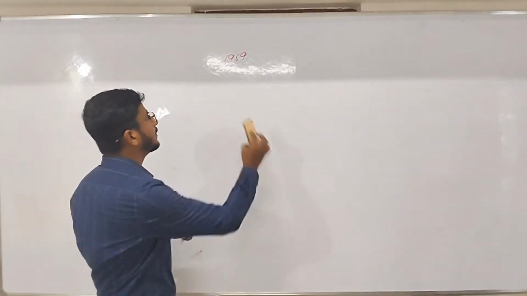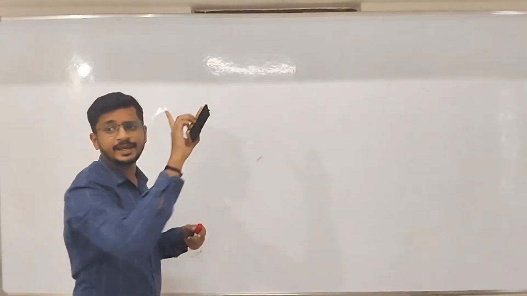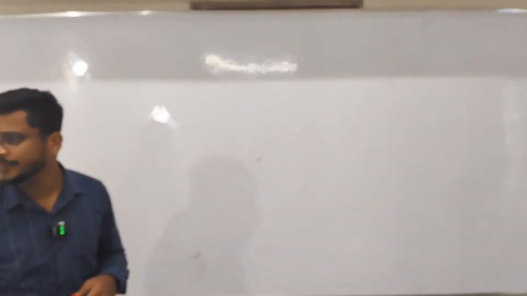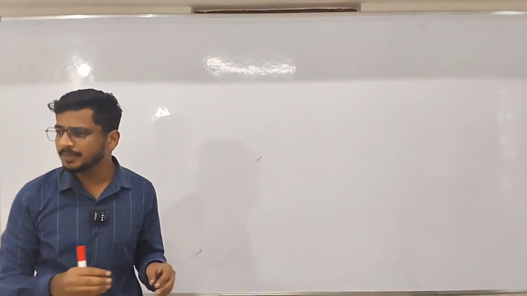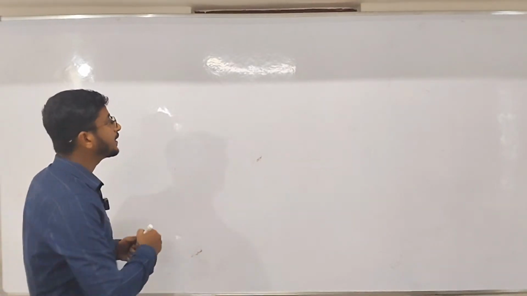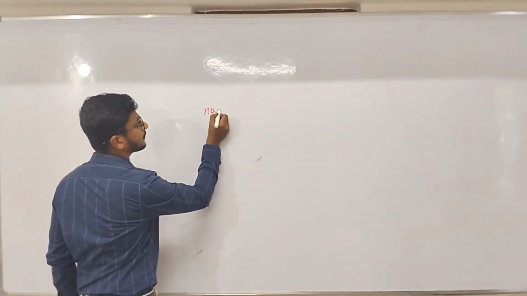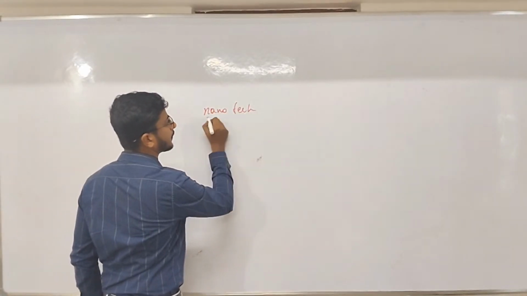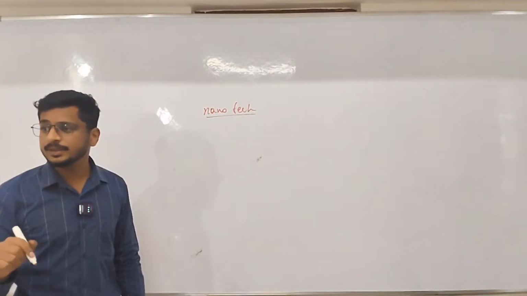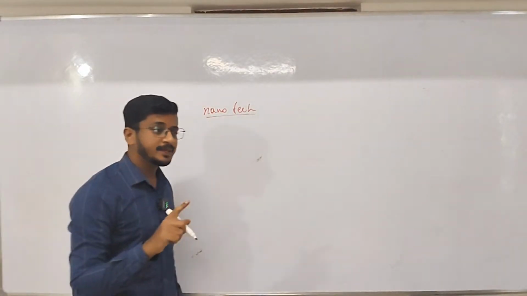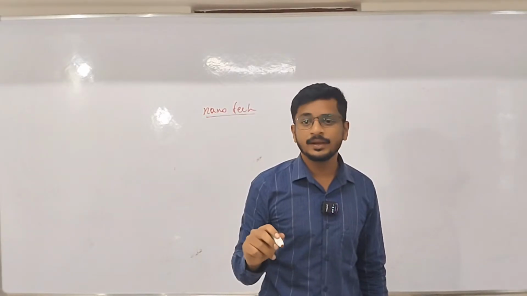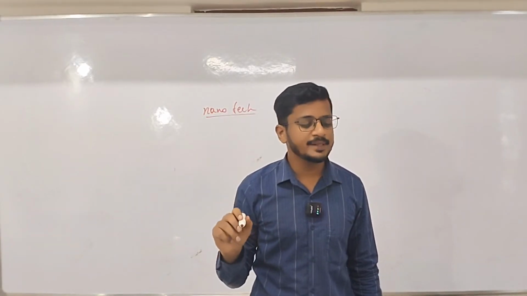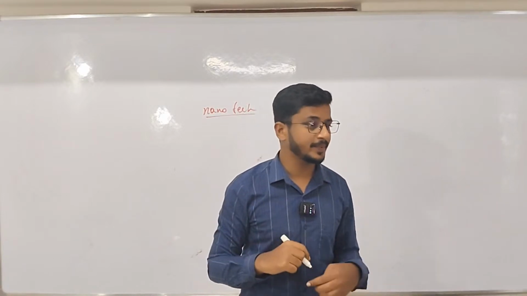He did not use any word called nanotechnology there. He was using terms like small particles, quantum particles. The word nanotechnology was first used by a Japanese scientist called Taniguchi.